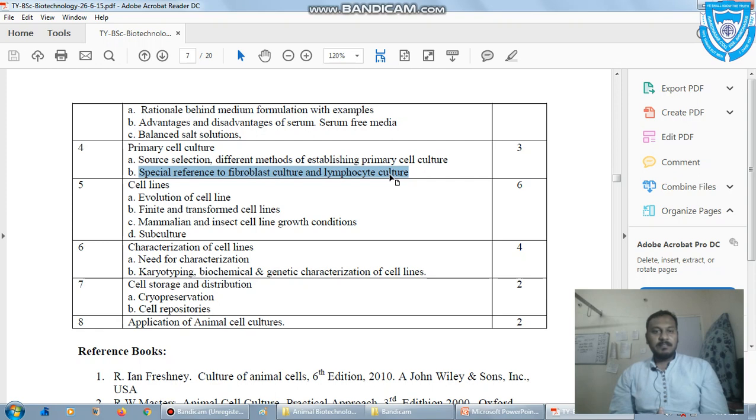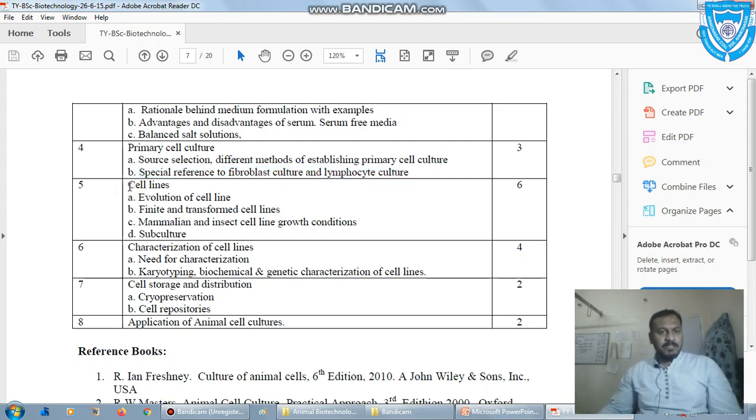We'll see in detail in our upcoming lectures what primary cell culture is and what the different sources are from which we get these primary cells, whether we surgically extract them, or cut a particular tissue out of the body, like a biopsy or taps, which medical practitioners generally do.